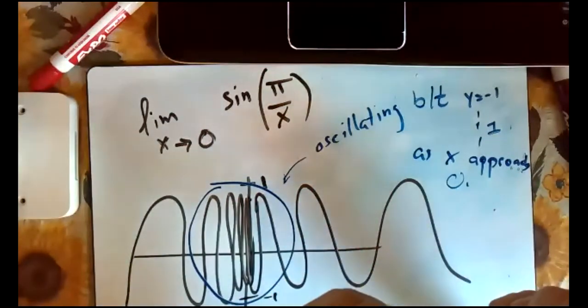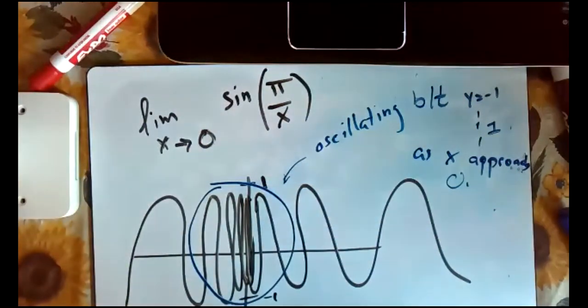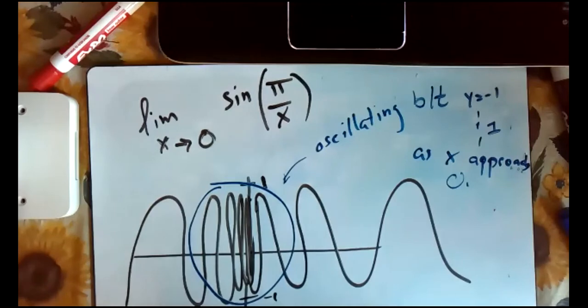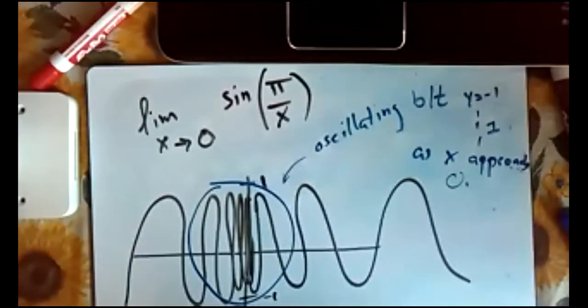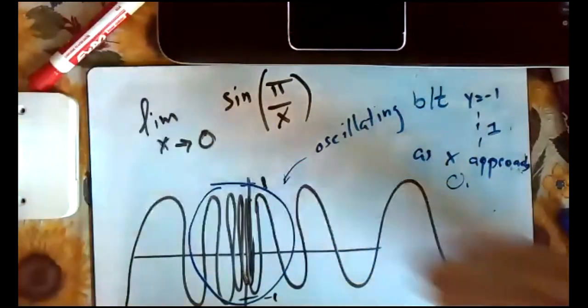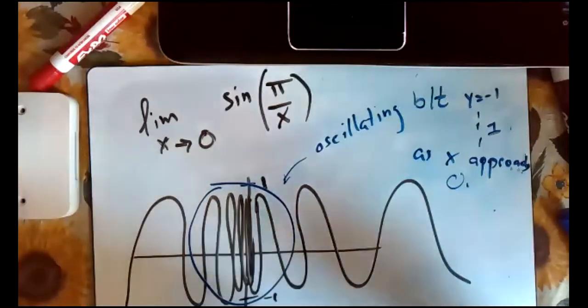So we kind of have a problem right there, because remember, for that limit to exist, it has to be approaching the same singular value from the left side of that x value and the right side. But in this case, that's not happening, because again of the oscillation right there.